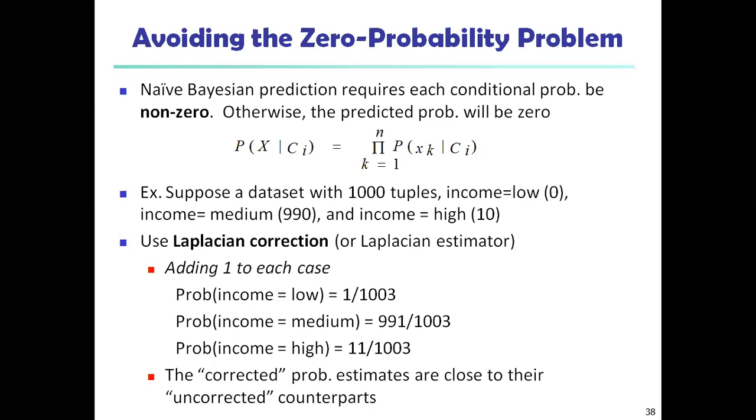The probability of income low is 1 by 1003, income medium is 990 plus 1, that is 991 by 1003, and income high is 10 plus 1, that is 11 by 1003. By adding 1 to each case, the corrected probability estimates are close to their uncorrected counterparts.